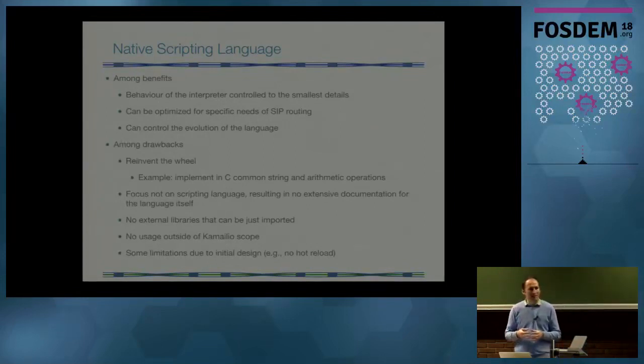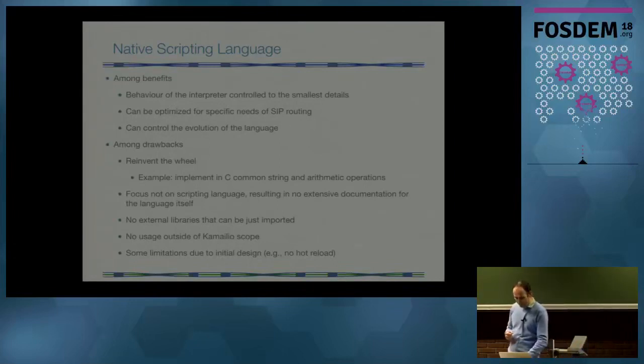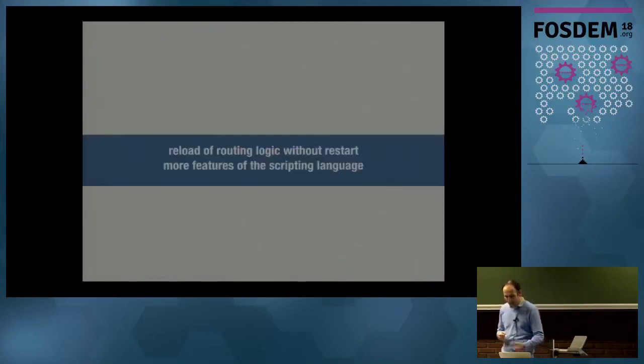It does a lot of optimization at startup, a sort of compilation in memory, which makes reload harder because we keep a lot of references to pointers in private memory for each process. So there were some limitations that some people started to complain about.